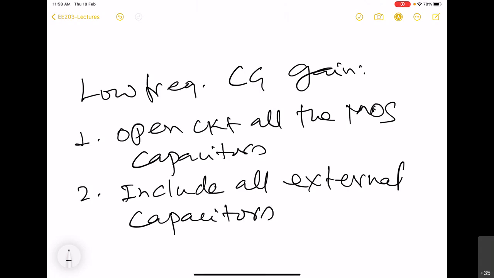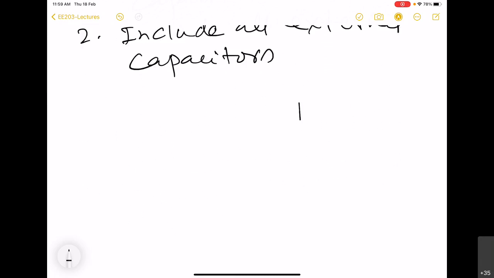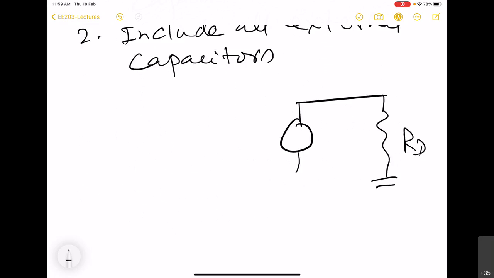Right, so there is only one external capacitor, which is Ci. So that now should be included. And in this case, if you draw the model, this is going to be the model. Ci is going to be short circuited here.